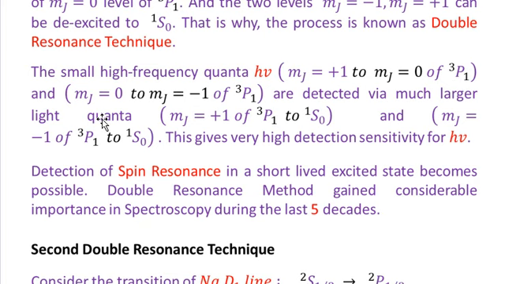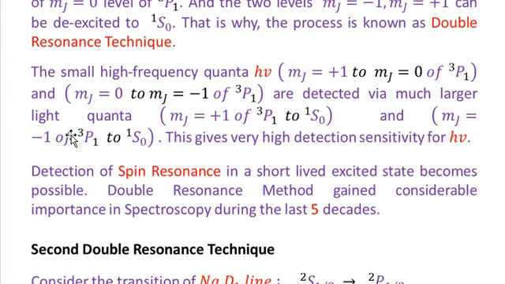And similarly, the same small quanta h nu from the applied magnetic field B1 in the range of a microwave can be used to excite the Mj is equal to minus 1 level of 3p1 from the Mj is equal to 0 level. And these two levels are detected via a much larger light quanta.